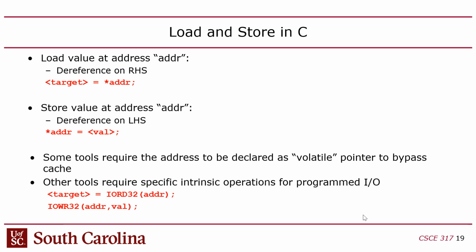So if I take an address and I stick a star in front of that address, and I put that on the right-hand side of an assignment expression in C, that will be translated to a load instruction. Likewise, if that's on the left-hand side, this is now a store instruction. So this is how you implement loads and stores in C.